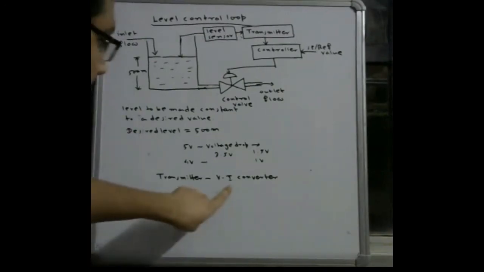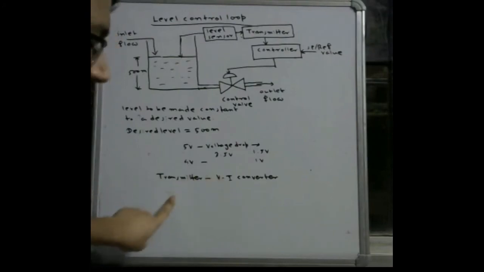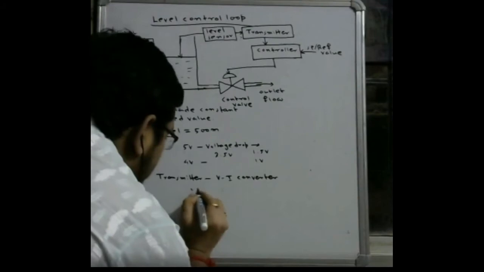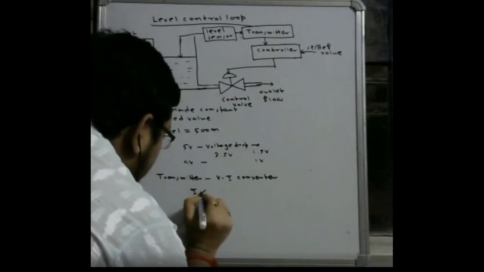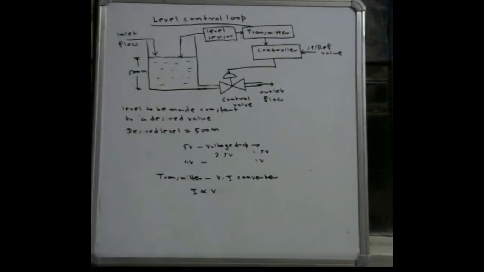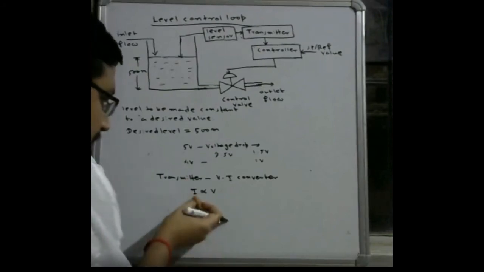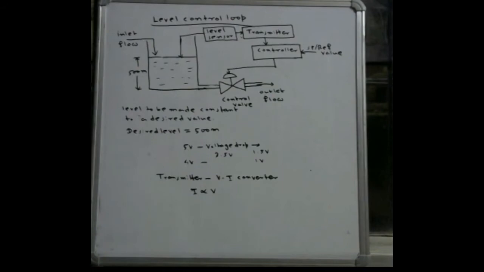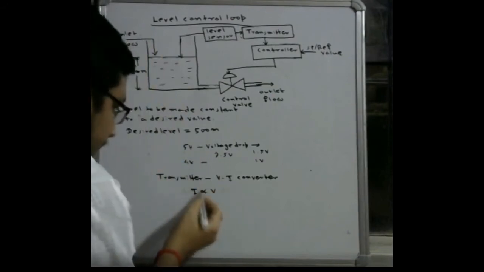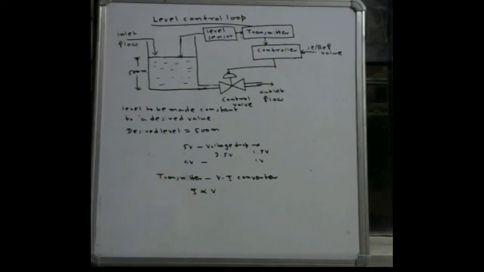That means this current will depend upon the input voltage. That means there will be a relationship: current I will be directly proportional to V. This one is the input voltage, this one is the output current. And this current will remain fixed until there is a change at the input voltage. So that's why this current is a constant current.